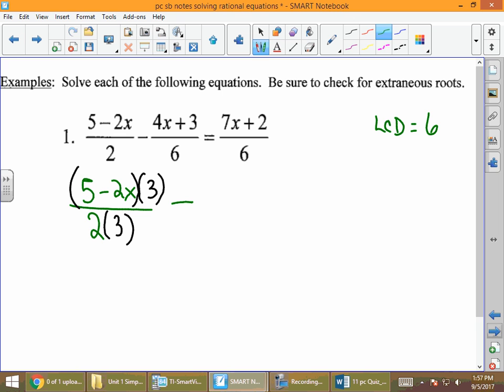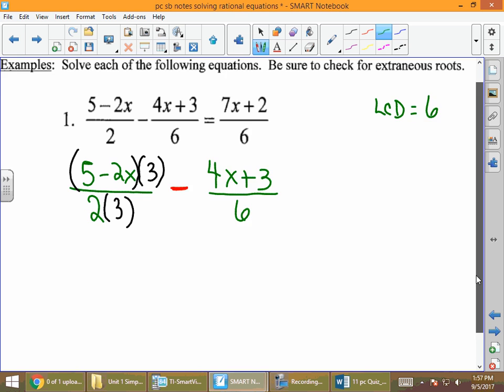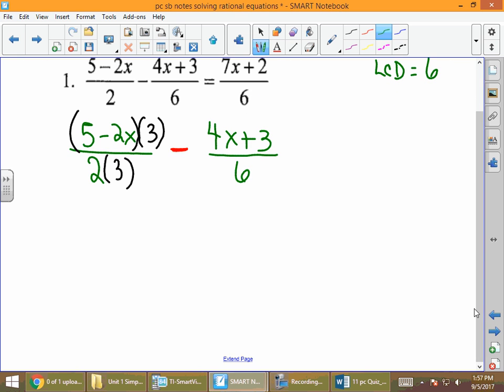And we're going to subtract from that. And in fact, I'm going to change that color because we need to be careful. I'm going to subtract from that 4x plus 3 over 6. So I'm ignoring the right side of the equation for a minute. It gives us more practice on subtracting, which we need. And I'm going to add a step in here.